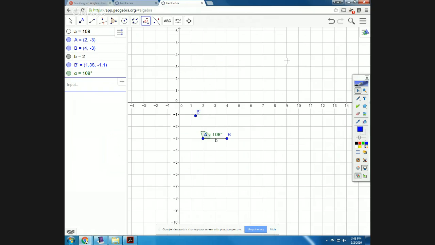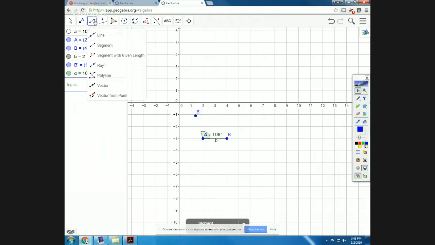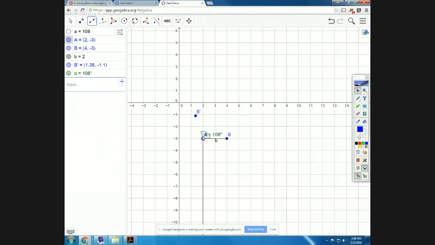I'm just going to try to keep going around building that. So then I'll build a ray through that. We did this in class the other day, playing around. GeoGebra draws B prime here so that it's the same distance from A as B was. So it's using a compass basically to draw that. I think I want my next one to be farther out than that.